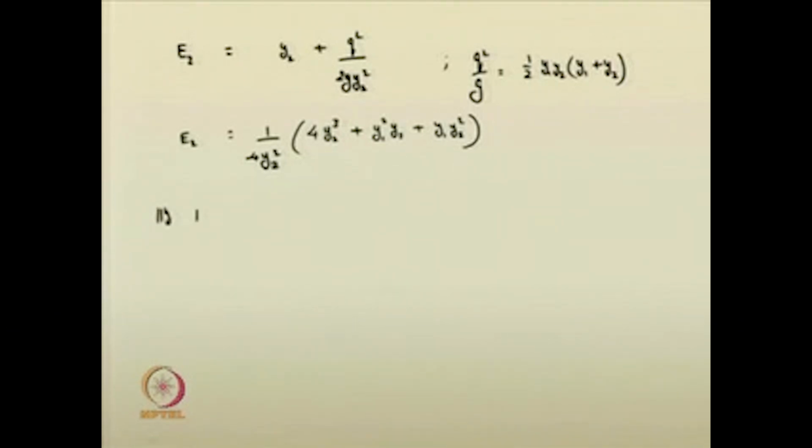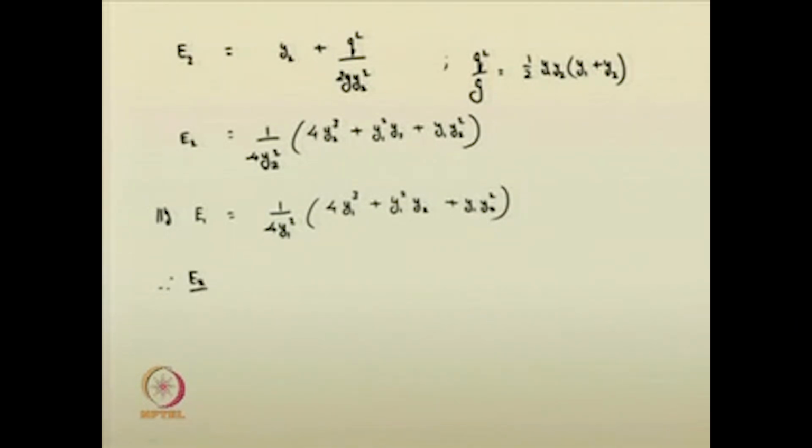Similarly, E1 is equal to 1 by 4 y1 squared into (4 y1 cube plus y1 squared y2 plus y1 y2 squared). Like this you will get. So, their corresponding ratios.